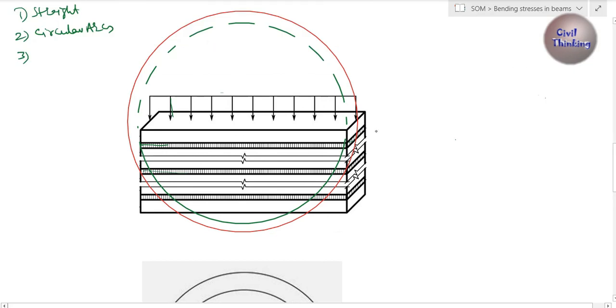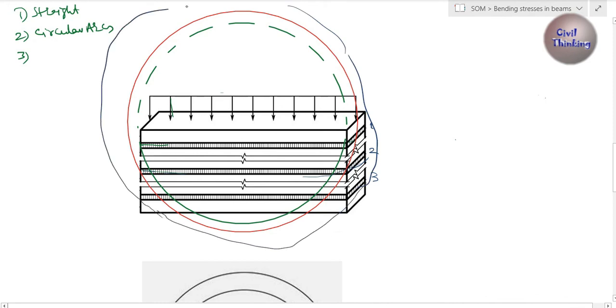Let me denote, this was the first fiber, this one. Let this be the second fiber, this arc is for the second. All of this bent and made another circle. Similarly, the third one will also bend and make another circle around this, right? It will also make a circle around this.